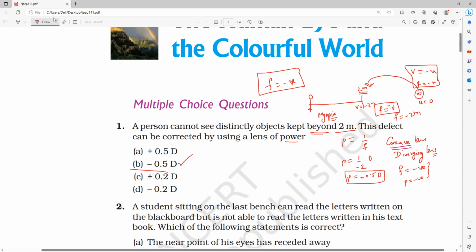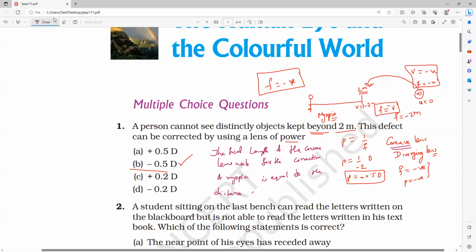So write it. The focal length of the concave lens used for the correction of myopia is equal to the distance of which point?